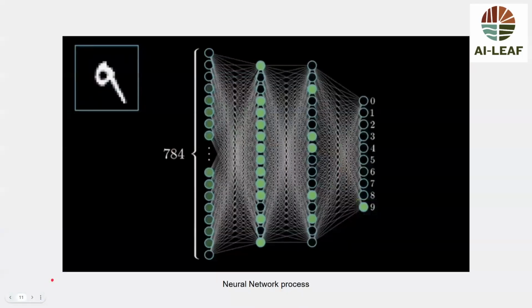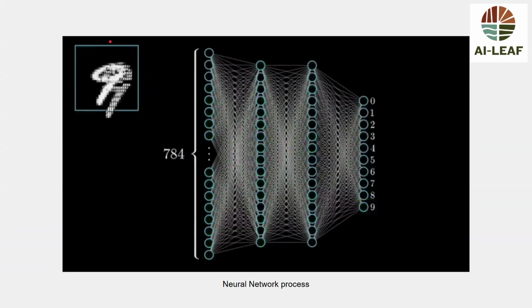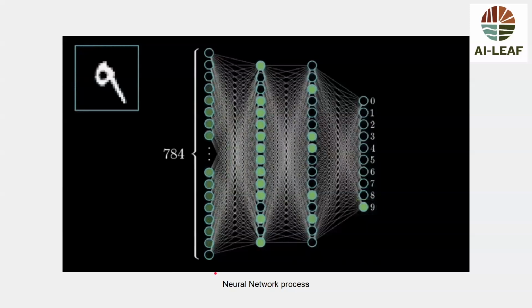So let's say our task was we want to identify which digit is being shown here. You can take this image, split it into these numbers, and create a single long array of 784 dimensions with all of these numbers, and then pass these through a set of mathematical operations.